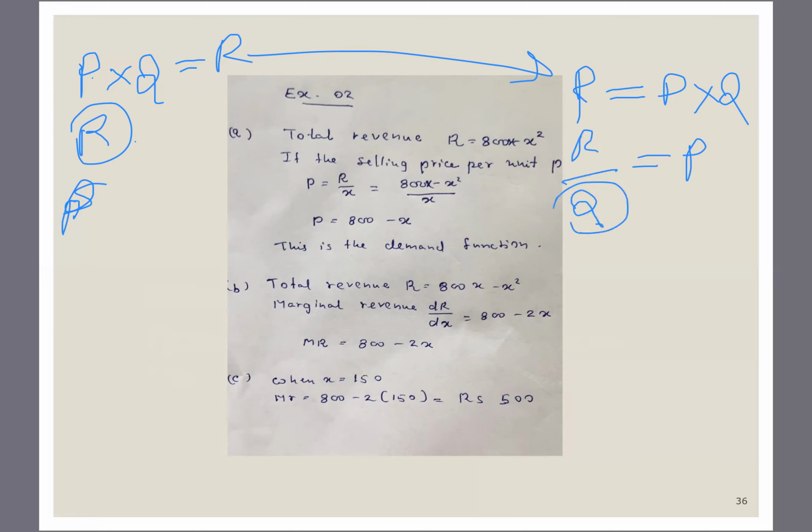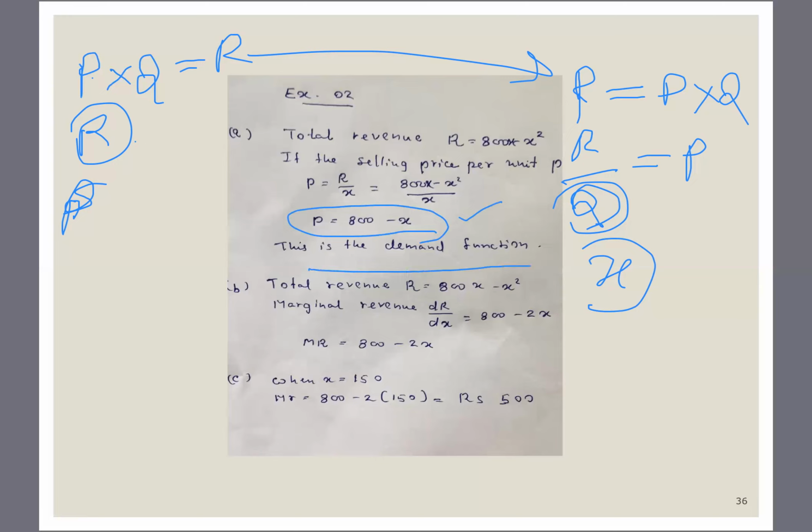But in this case, the number of units is given as x, not Q. So to get the demand function, we divide the revenue function by x, right? Then dividing by x, we get 800 minus x. And so this is the demand function.